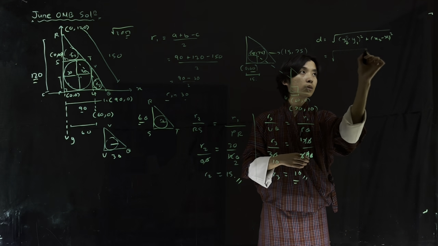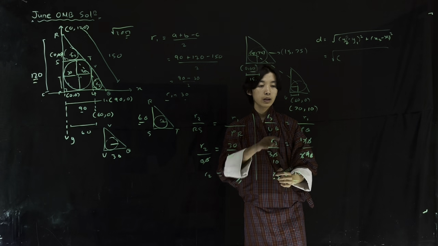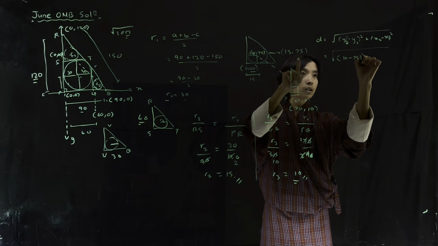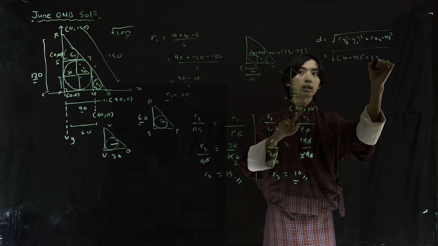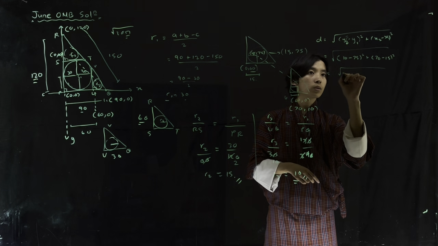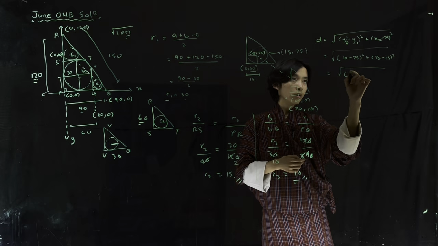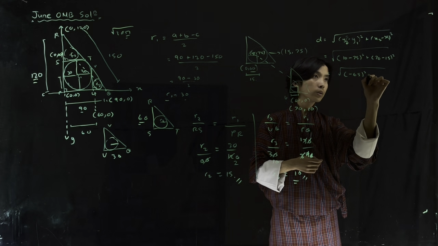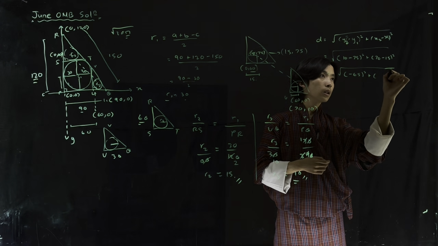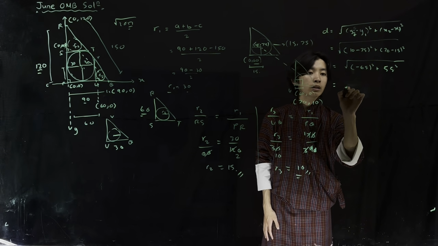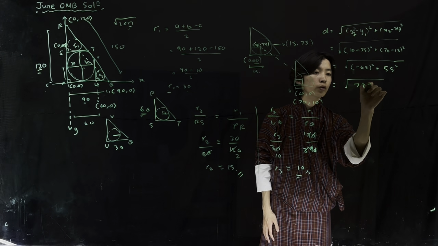So y2 is 10 and y1 is 75, x2 is 70 and x1 is 15. That's equal to (10 minus 75), which is negative 65, whole squared, plus (70 minus 15), which is 55, whole squared, and we get the answer as 7250.